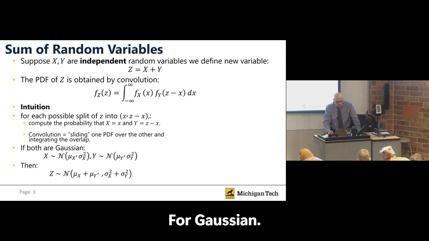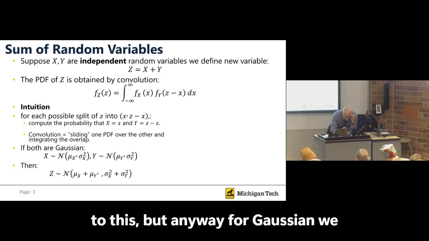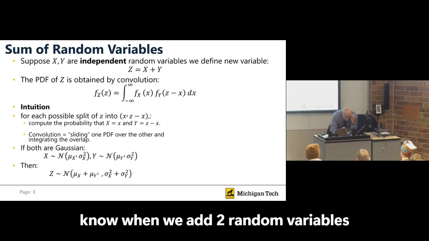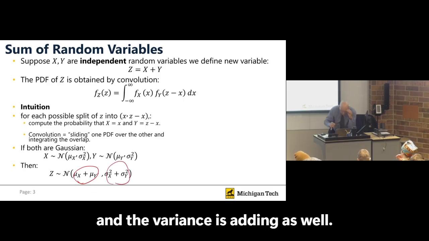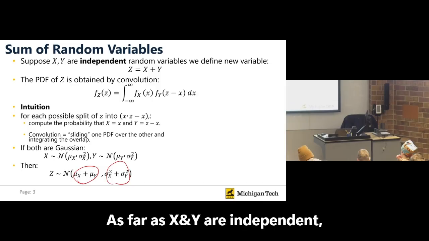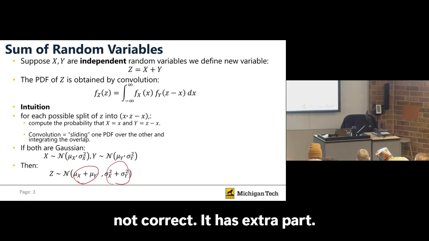For Gaussian, however, this part is not that related to this. But anyway, for Gaussian, we know when we add two random variables that are Gaussian, the mean adds and the variance adds as well, as long as x and y are independent. If x and y are not independent, this is not correct. It has an extra part.